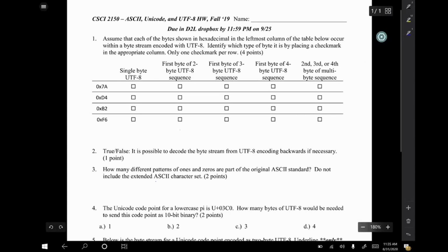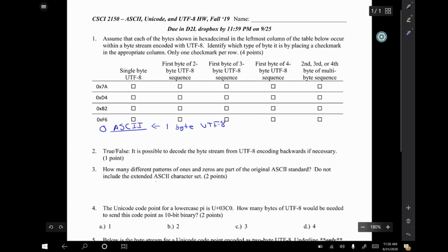Now, problem number 1 is pretty straightforward. What it's saying is you have picked out a byte in the middle of a stream of UTF-8 bytes coming at you. There are 5 different ways that one of these bytes can start out. If it starts with a 0, this is a 1-byte UTF-8, and it maps directly to the 7-bit ASCII codes.